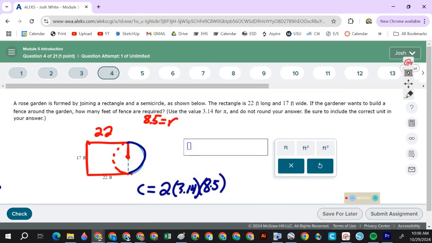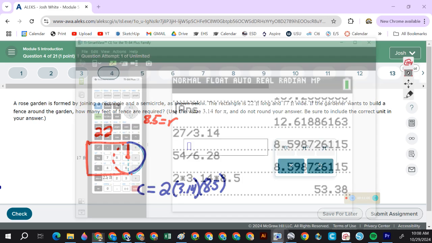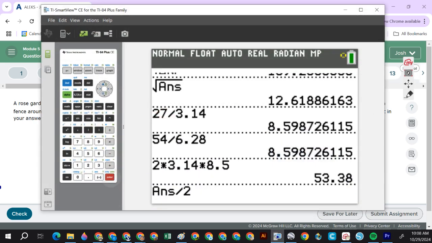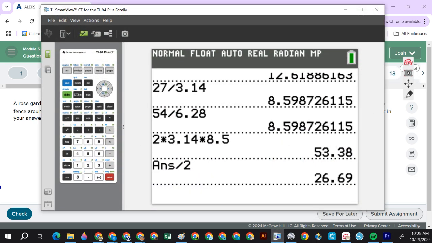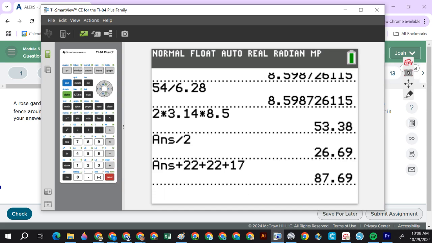But how much of the circle is included in the perimeter of my shape? Half. So I will divide that by 2. So that is the curved piece, and then I have to add 22 and add 22 and then add 17. So the full perimeter is 87.69.